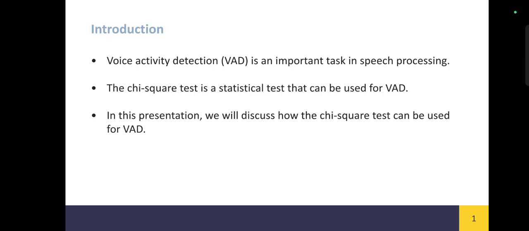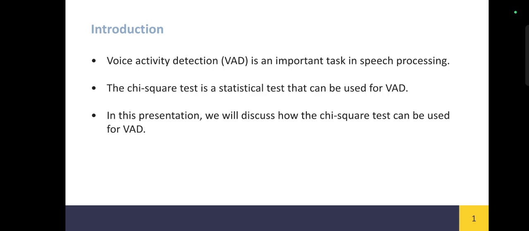In this presentation, we shall discuss how the chi-square test can be used for VAD, that is, voice activity detection.